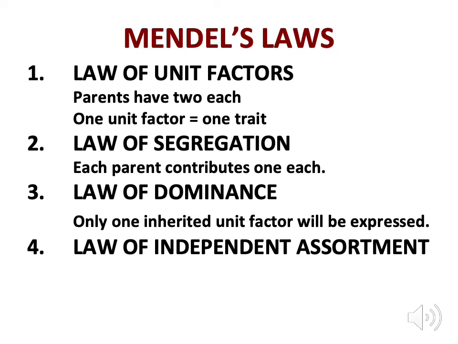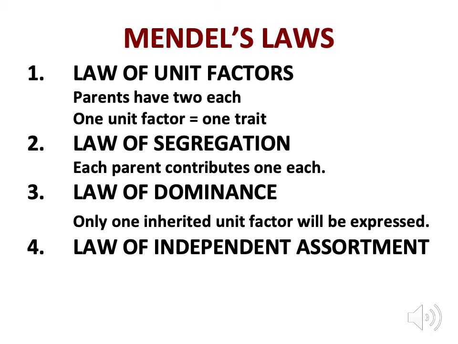This law states that any one trait is inherited independently of any other trait. In his garden peas, flower color was inherited independently of seed color or seed shape. He could not connect a relationship between those because apparently those traits were inherited independently.